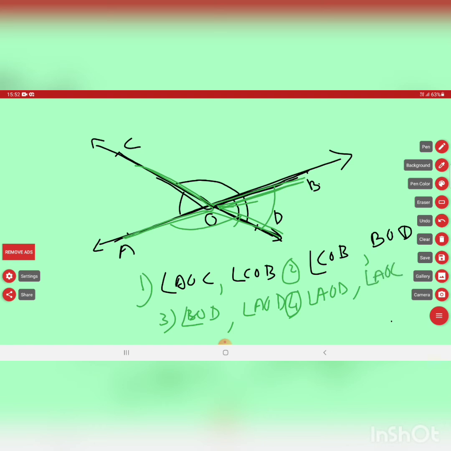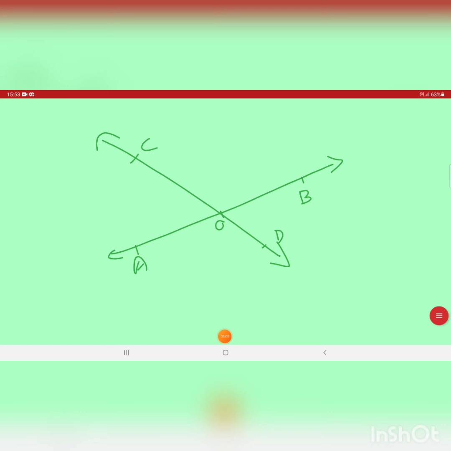Now one more type of angles they formed, we can discuss about it. See, AB and CD are two lines which are intersecting at the point O. So see this angle AOC and BOD. What type of angles? They are known as vertically opposite angles.